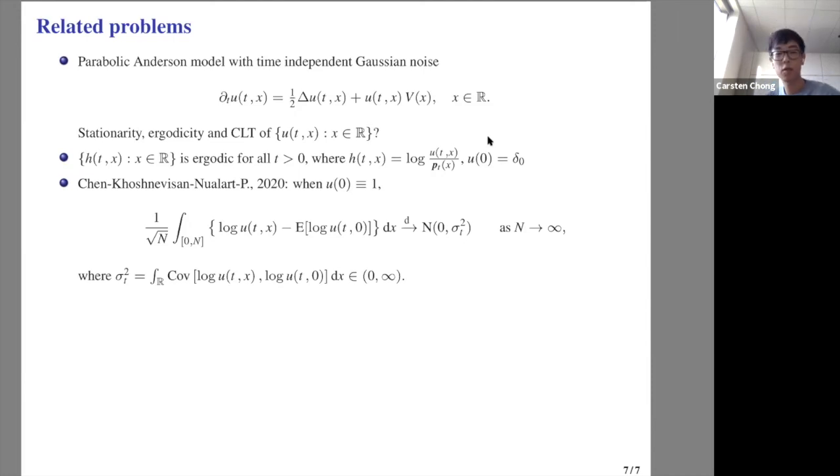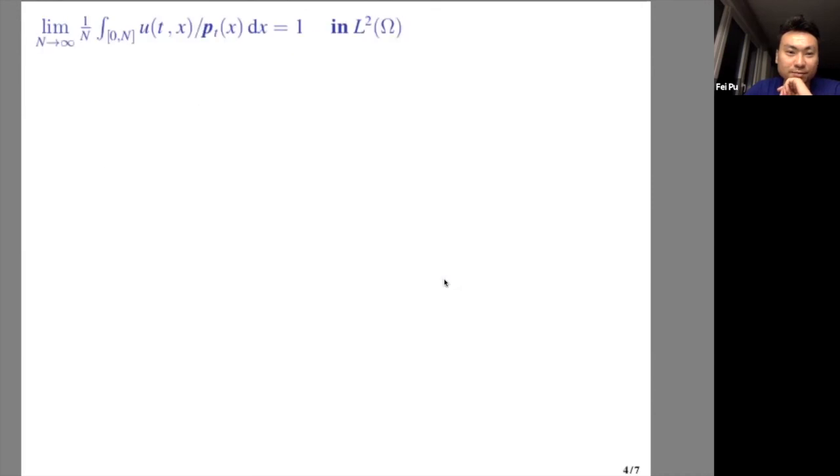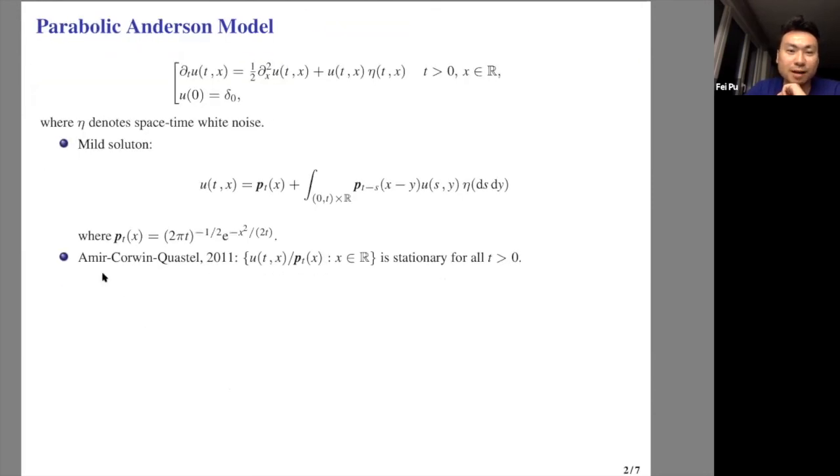I have a question. Do you have an intuitive explanation why you get this extra log term in the case when you have a delta initial condition? Well, first of all, it was proved by Amir et al. that this process is stationary, and at the beginning, we want to know if this stationary process is ergodic, and therefore we have to compute the variance.